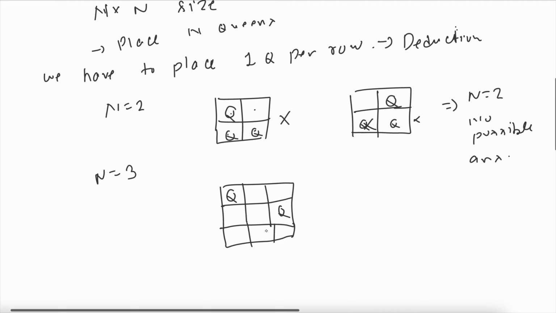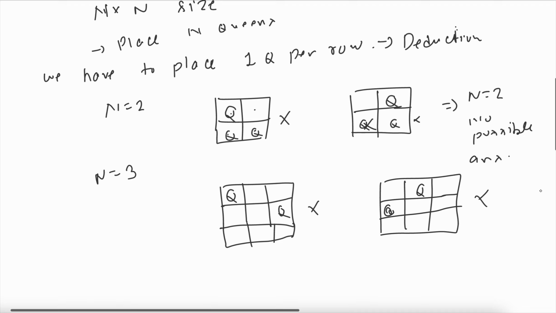I can place it here. Can I place the third queen here? No. Here? No. Here? No. So of course this is the wrong answer. Now I will place Q here. Can I place it here? No. Here? No. So of course it will be wrong.